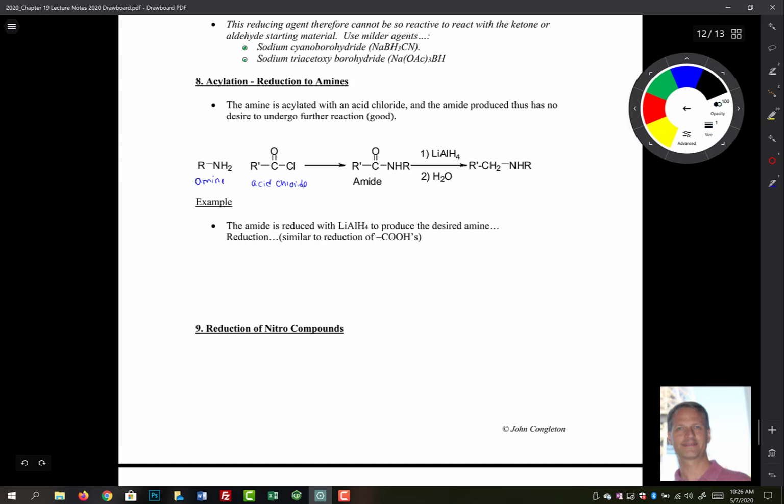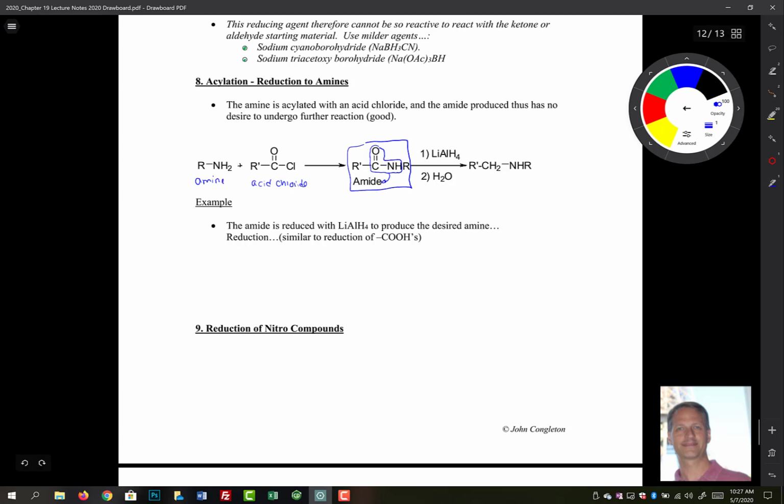So we're adding these 2 things together, and then that forms an amide. Remember, an amide is this carbon, double bond oxygen, nitrogen group there, right? That's your amide. And then we do a reduction to get our amine here.